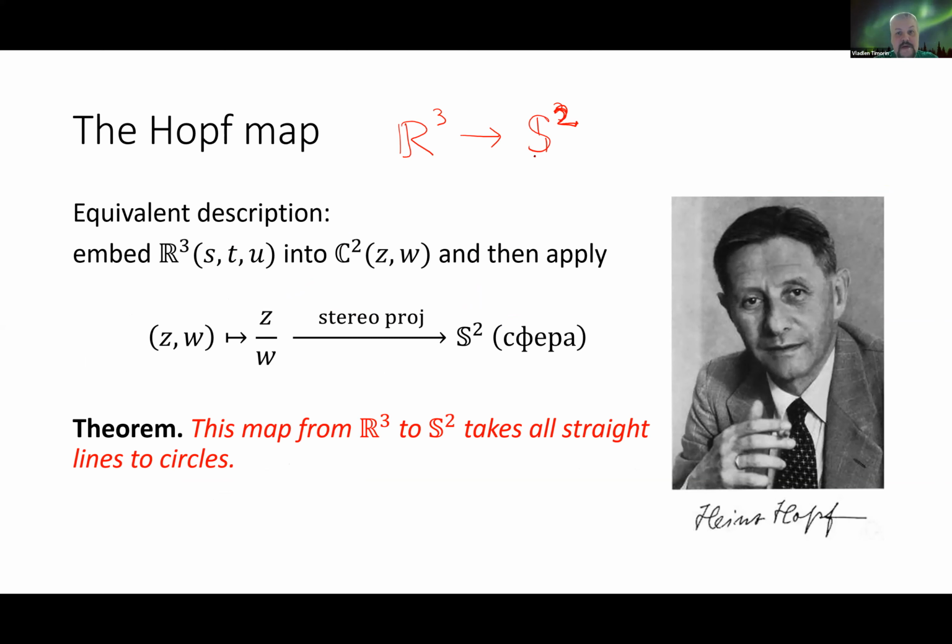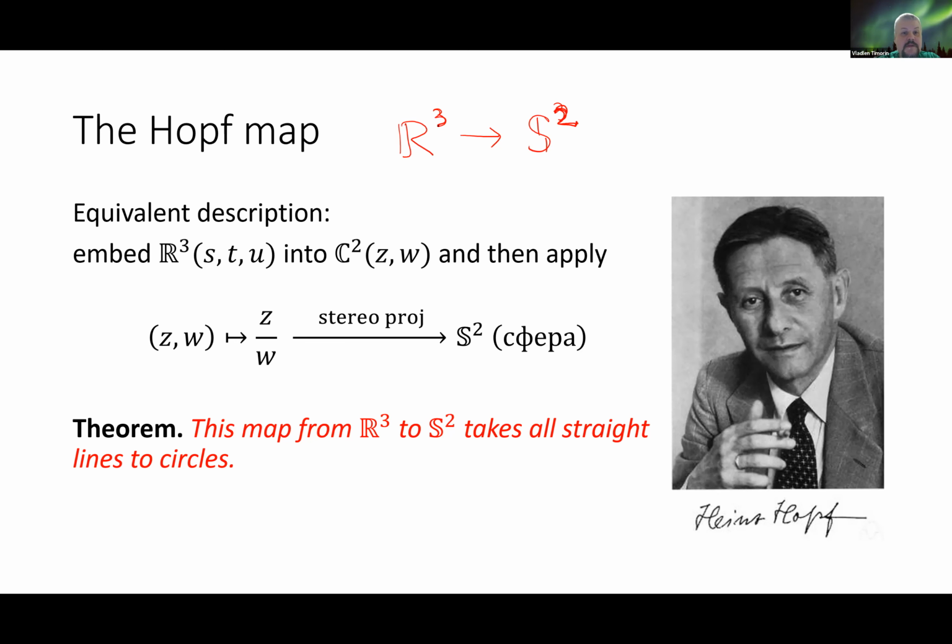This version and some other versions of Hopf maps were invented by Heinz Hopf, who was motivated by topological problems. But I would like to concentrate on algebraic and geometric aspects of Hopf maps, although I will also mention the main topological property.